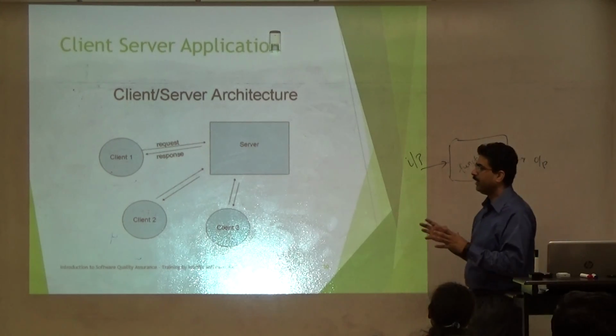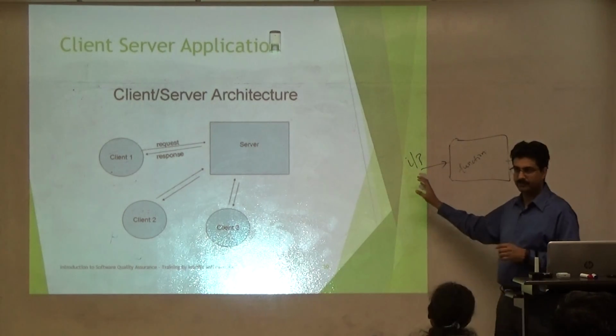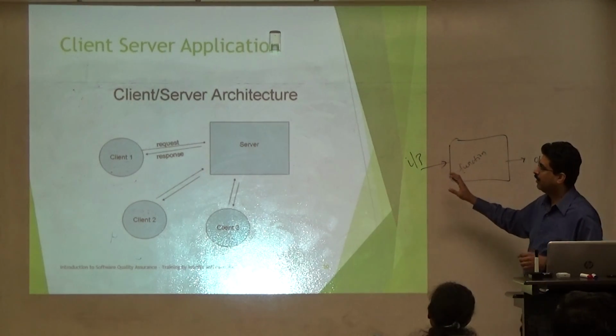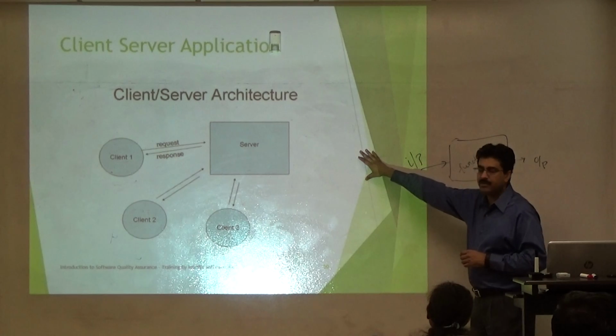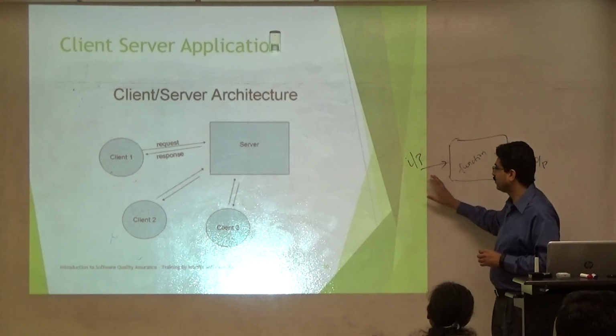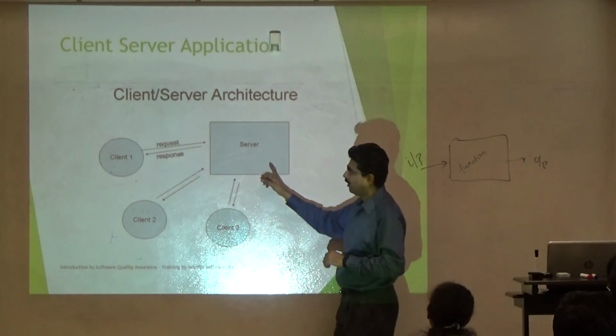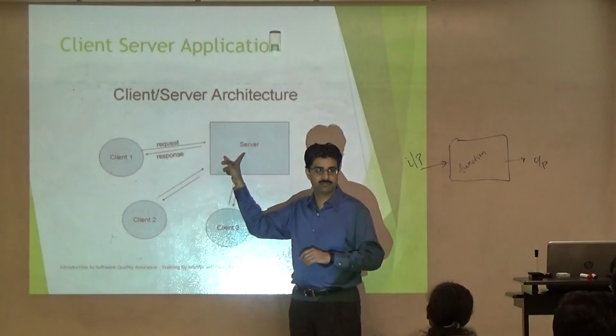But the input that I give it can be decoupled. So in that scenario, the client-server architecture evolved, where it gives you the ability to decouple your input entry away from your data and the code.